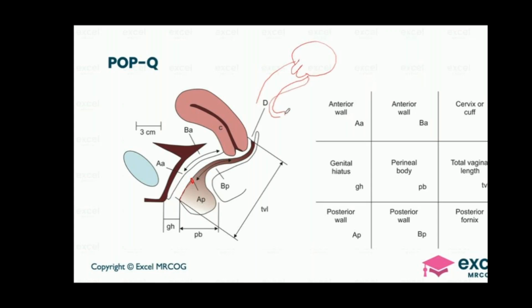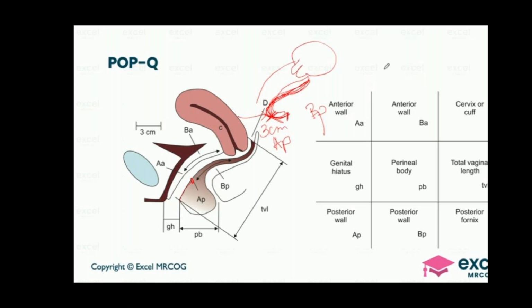So if there is a bulge here, this is the hymen, and this point 3 centimeter proximal is AP. It has come to the level of the hymen, so it becomes 0. And BP is the most distal point on this area.